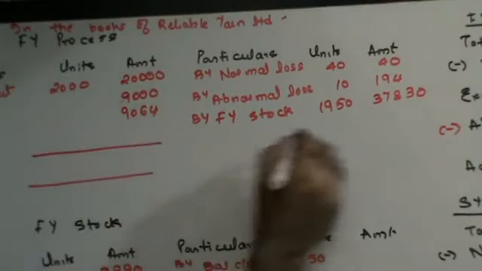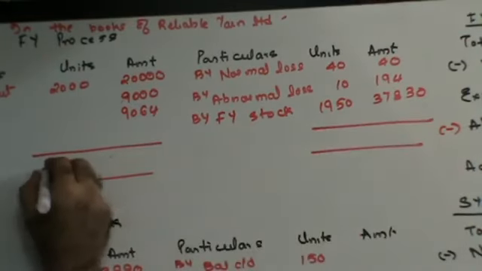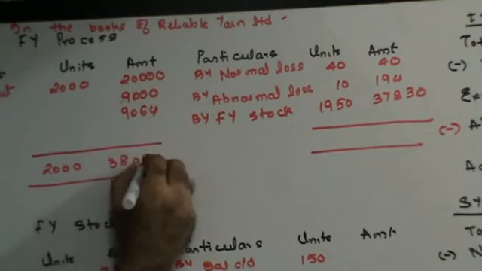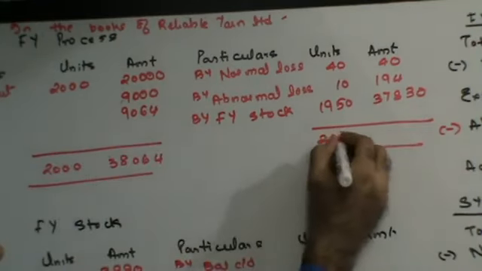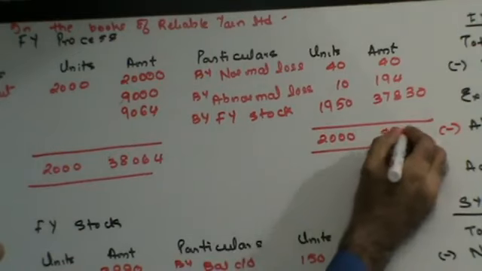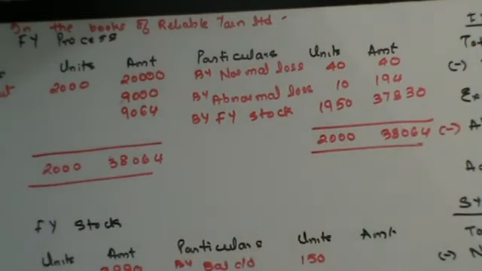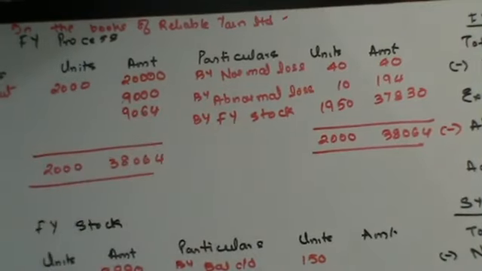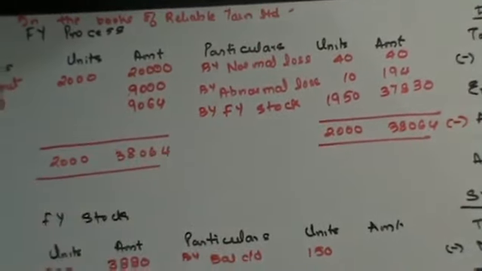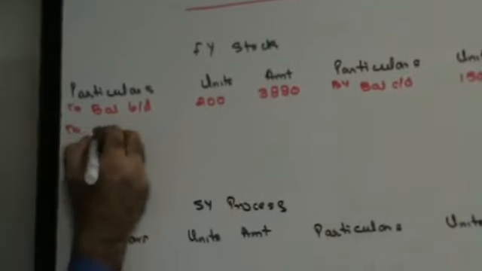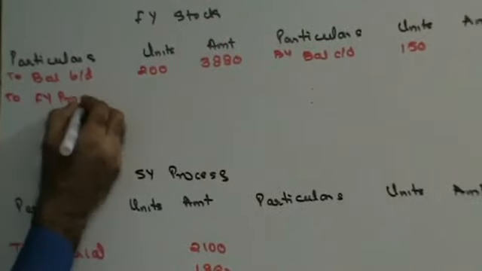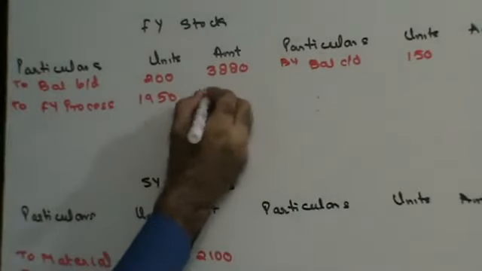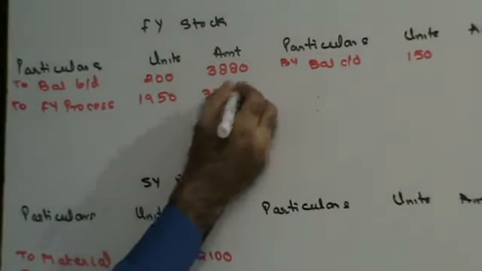Tally this account off. If I tally this account off, this will be 2,000 and 38,064. Right? This closing balance, instead of going into the process, will go into the stock account. So this will come down here as to FY process 1950 and 37,830.